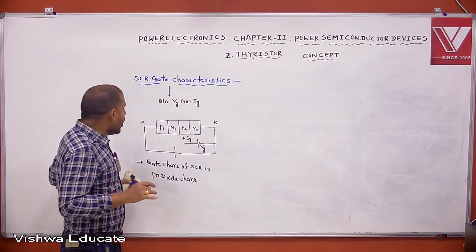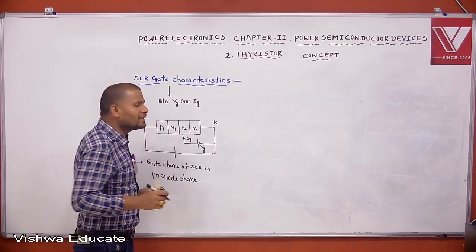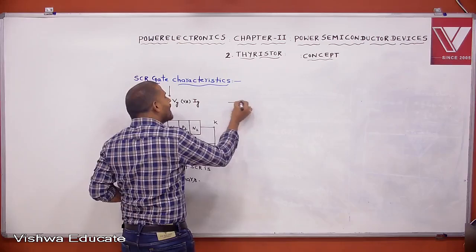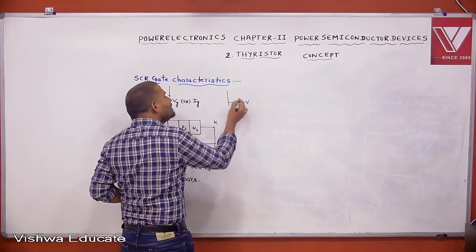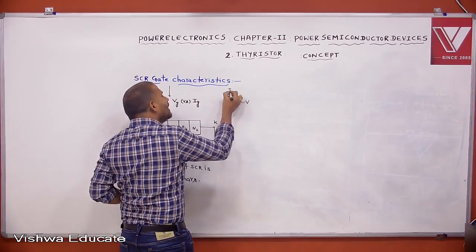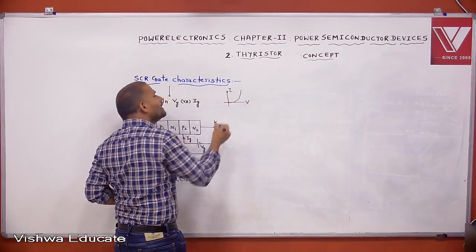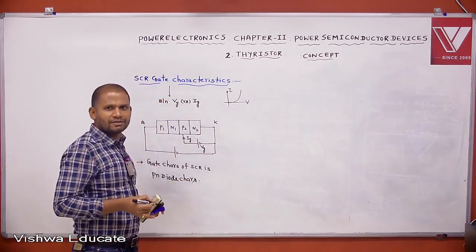You know how to draw the PN diode characteristics: you take voltage on the x-axis and current on the y-axis, and then we can draw the diode characteristics like this.